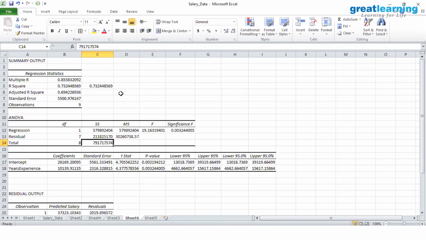For a simple linear regression, you may consider R squared. When you consider multiple linear regression, with many X values, many independent variables, adjusted R squared is an apt value to consider whether my model is a good model. Adjusted R squared is a good metric to identify whether my model is performing well.